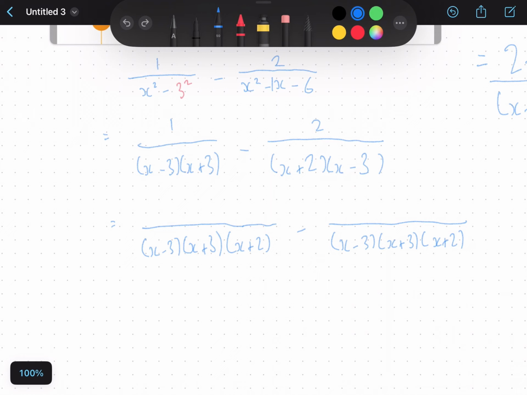So the top of these fractions then, what do I multiply this by to get this? Well, it's the x plus 2 that's extra. So on the top, it's going to be 1 times x plus 2. Over here, what do I multiply x plus 2 times x minus 3 by to get all this? It is x plus 3. So that's what this is multiplied by to get this.